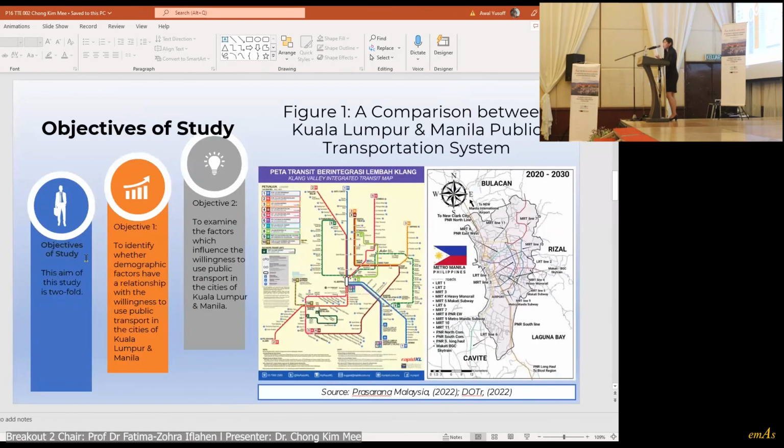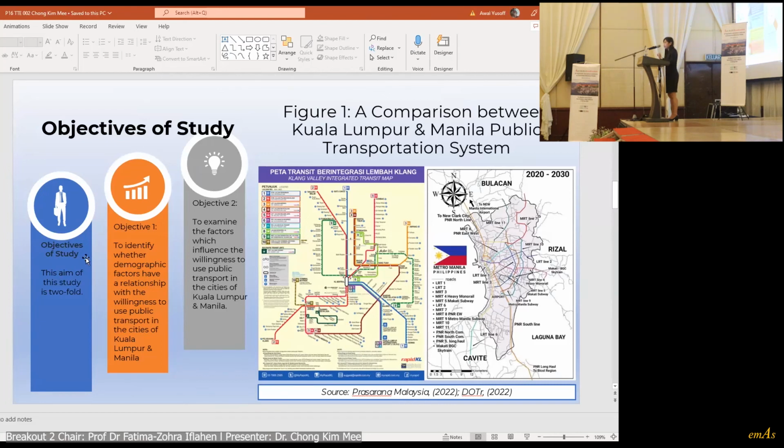So the study has two objectives: first, to identify whether demographic factors have a relationship with the willingness to use public transport in KL and also Manila. The second objective is to identify the factors which influence the willingness to use public transport in these two cities.